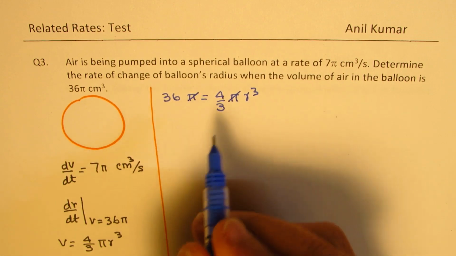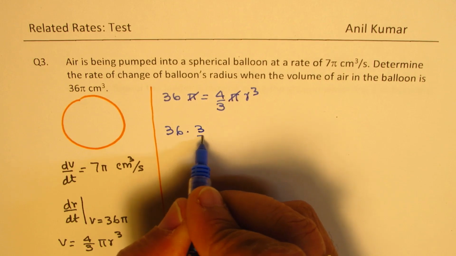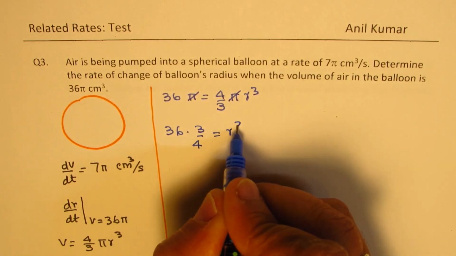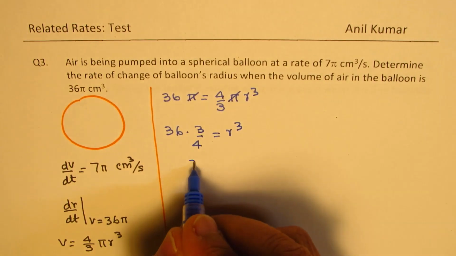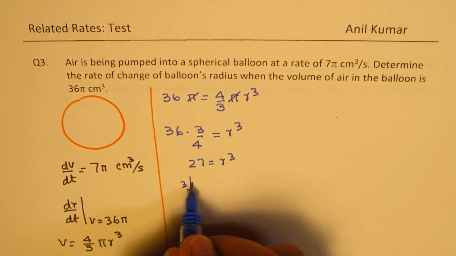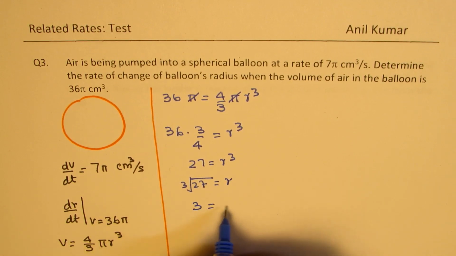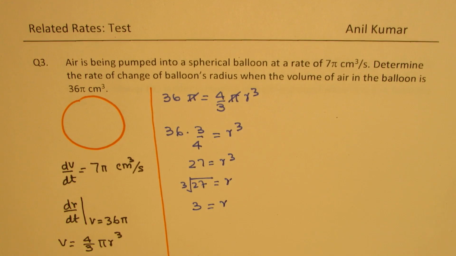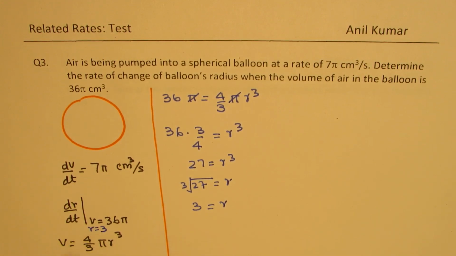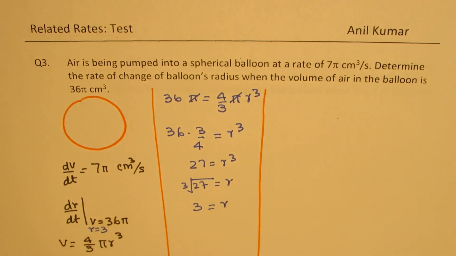So pi and pi cancel, and let's multiply this. We have 36 times 3 over 4 is r cube. So we get 9 times 3, which is 27, is r cube. So cube root of 27, which is 3, will become r, right? So r is equal to 3. Okay. So basically at this time we have worked out that r is equal to 3 units. Now we can continue and then find the solution. Okay. So that is sometimes required.